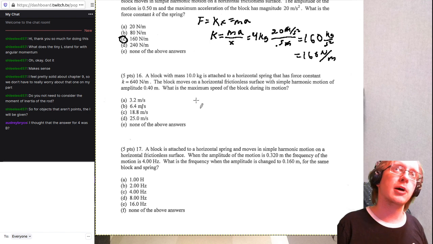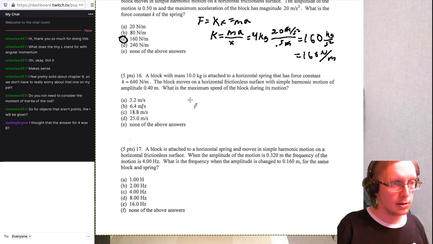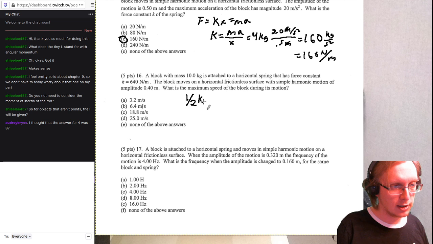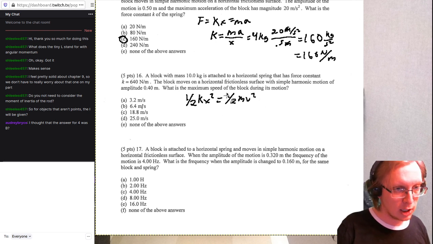There's a few ways to go about this. We have maximum displacement with potential energy, 1/2 kx squared, equal to our kinetic energy at maximum velocity, 1/2 mv squared. The halves cancel each other. We have the x, we are looking for the v.